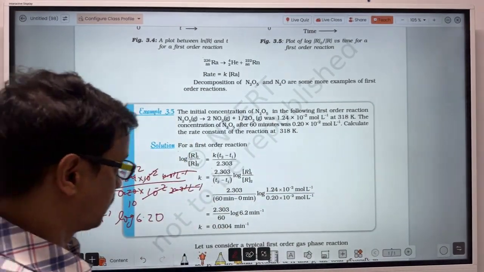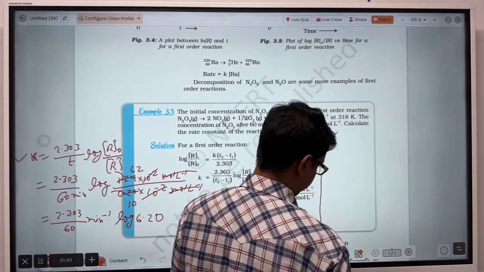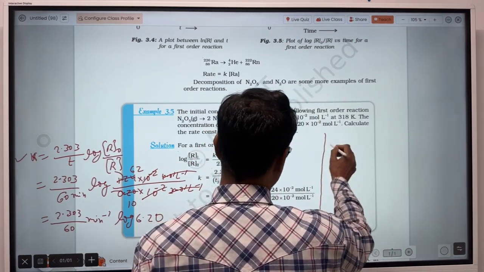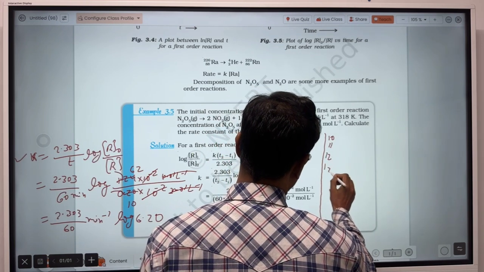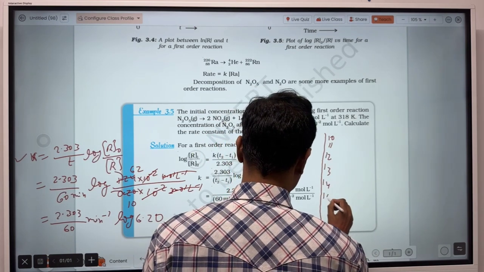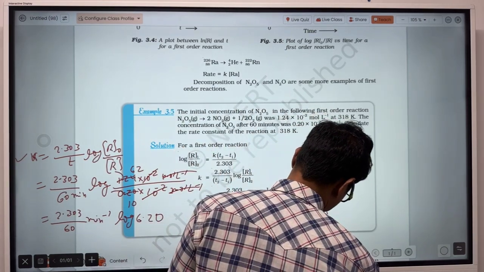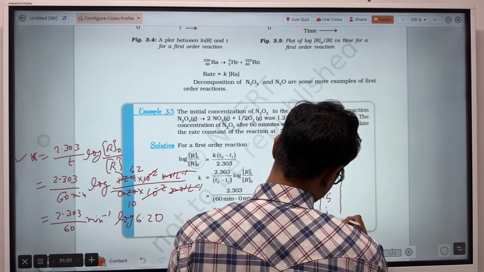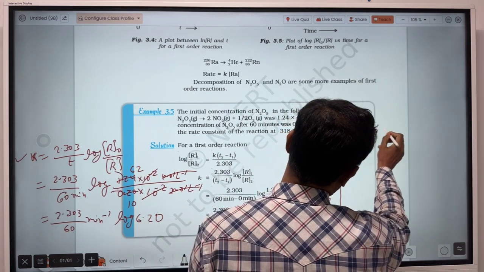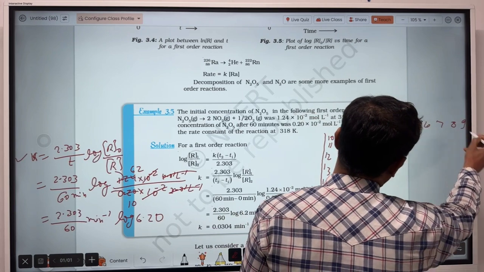In that book you will find the rows starting from 10, 11, 12, 13, 14, 15 like that, going till 62, and along this side the columns 0, 1, 2, 3, 4, 5, 6, 7, 8 and 9.